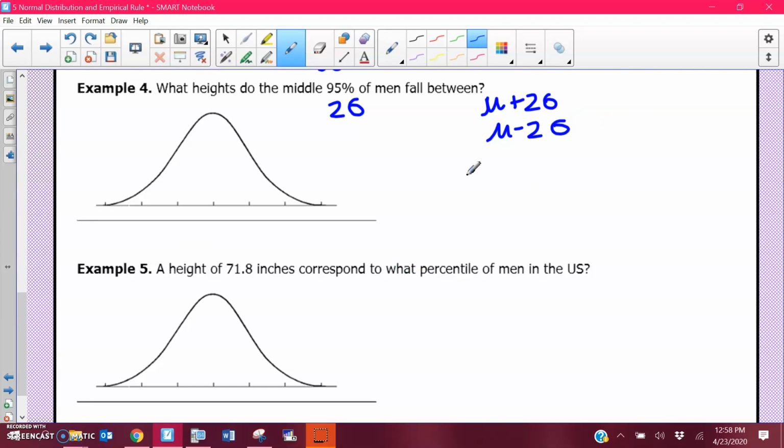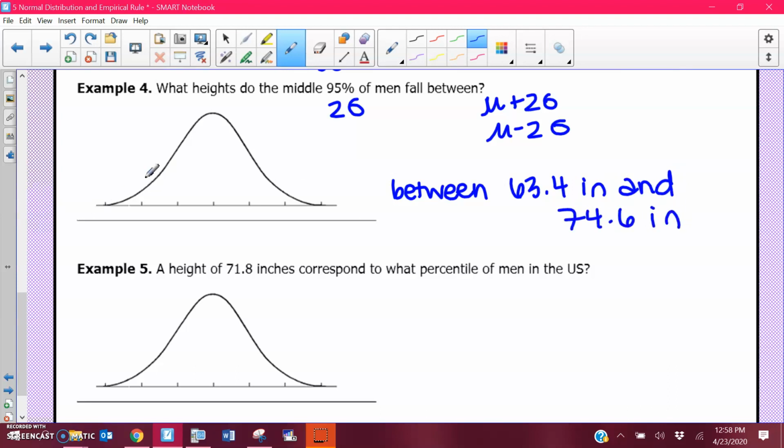So I would get that it is between 63.4 inches and 74.6 inches. Again, 95% of your data is going to fall between these two values. And if your mean was 69, you would take that and subtract the 2 standard deviations and add the 2 standard deviations.